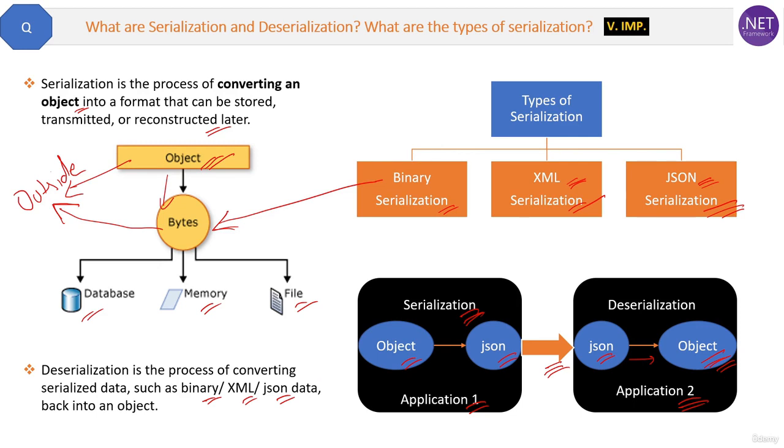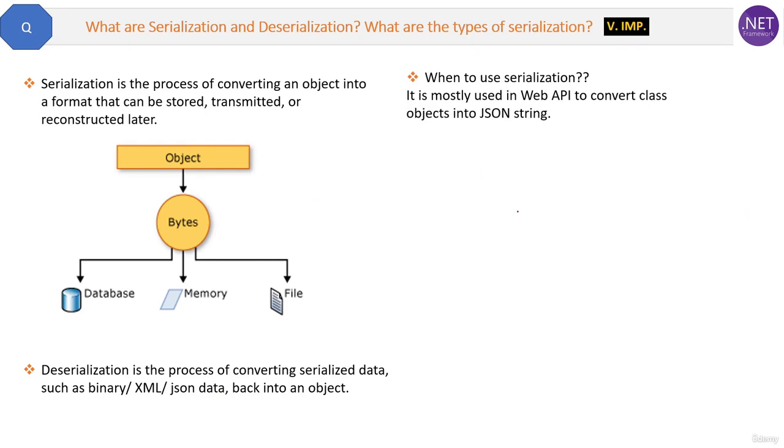Now the thing is when to use serialization. As I said, it is mostly used in web APIs to convert class objects into a JSON string, and deserialization is used to convert JSON back into object format.